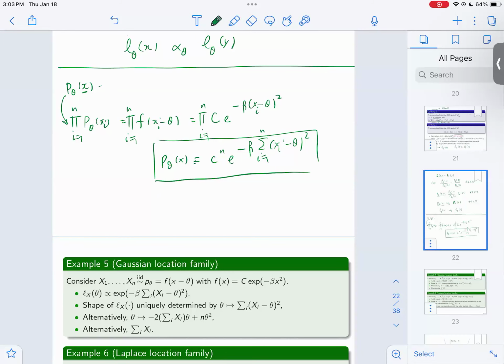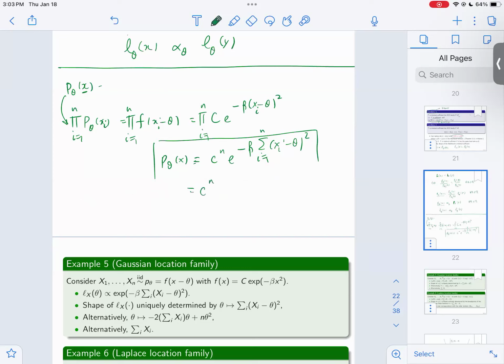I can drop the constant. So this is proportional, up to a constant, to e to the negative beta summation i from 1 to n. In fact, I can expand this. So let's expand.